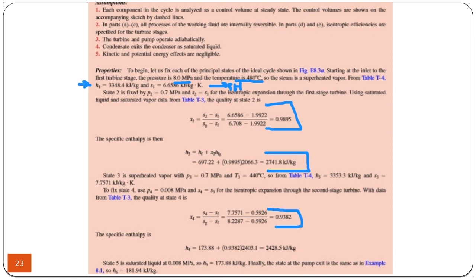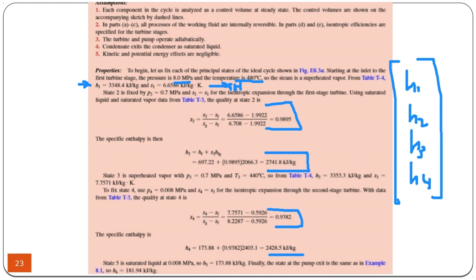From here, we can calculate the enthalpy at the exit of the second turbine. So far, we know H1, H2, H3, H4, which we calculated or read from the superheat tables.